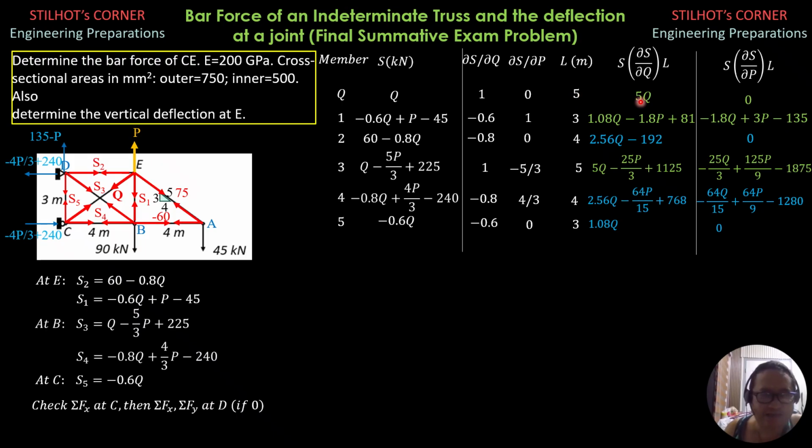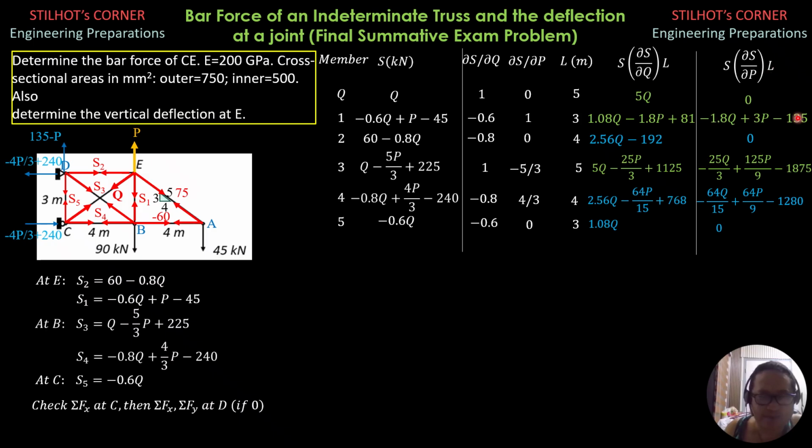It is an inner member, so we have color coding here, green. Partial of S with respect to P times length is 0. Member 1, this is the stress derivative with respect to Q, negative 0.6, with respect to P 1, the length is 3. Then partial of S with respect to Q times length, that's the value. You have to check that.